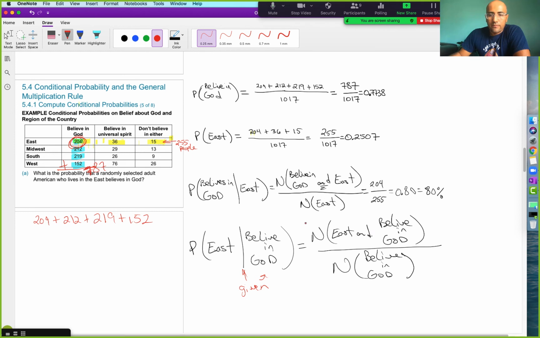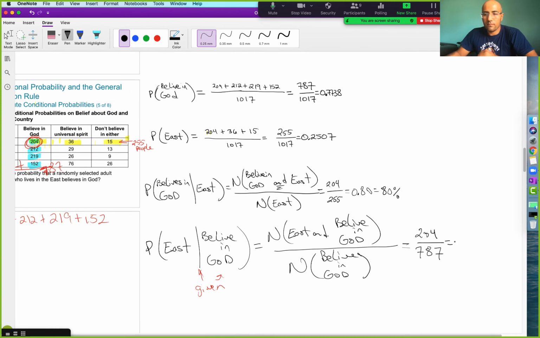So this is going to be equal to 204, the ways in which people both live in the East and believe in God, divided by 787, the number of ways in which someone selected believes in God. So 204 divided by 787 gets us to 0.25992.